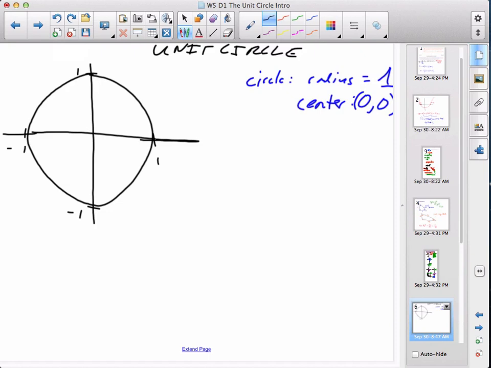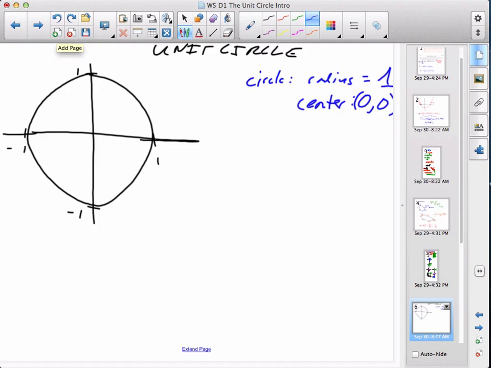So make sure that you've got both a Cartesian plane and a circle with a radius of 1 that's centered at 0, 0. All right, so now, questions? No, okay. So this is the unit circle.